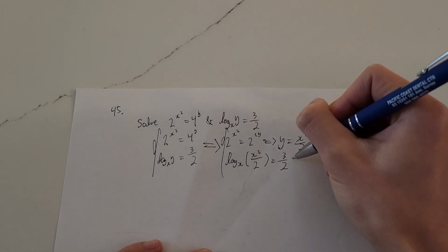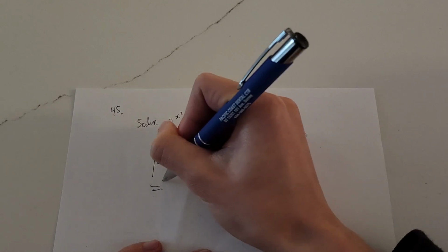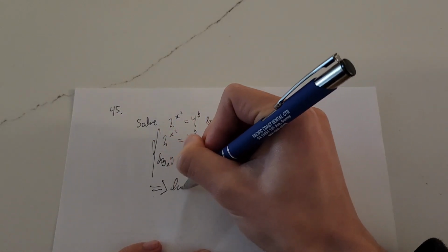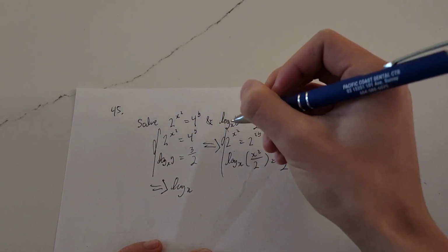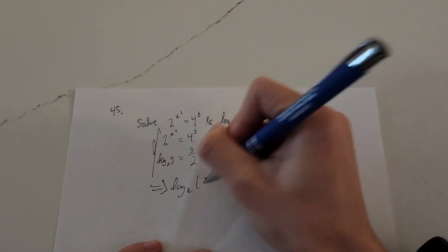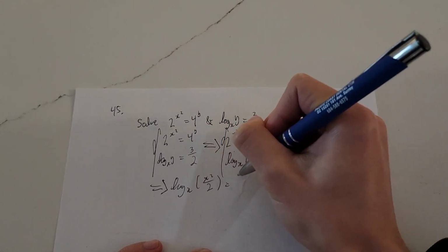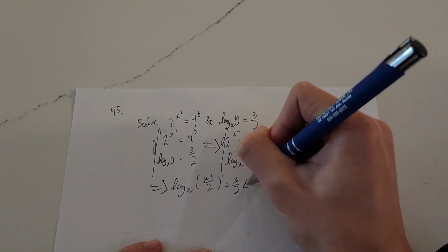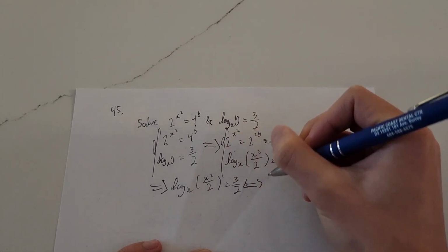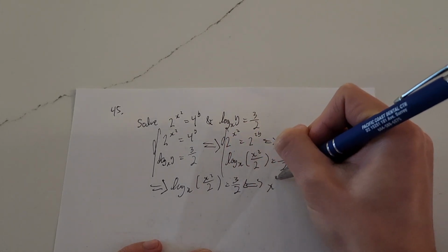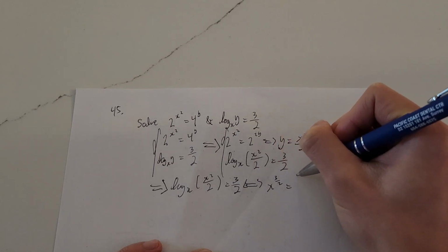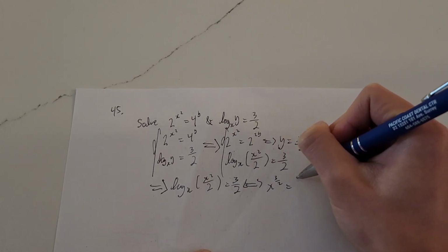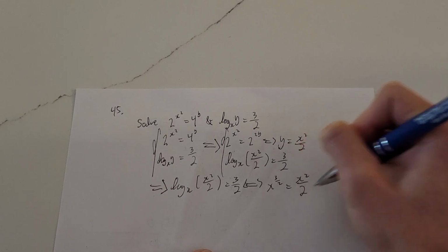Now, what is that also equal to? Well, that implies that log base x of x squared over 2 equaling 3 over 2 is only true if and only if x to the power of 3 over 2 is equal to x squared over 2.